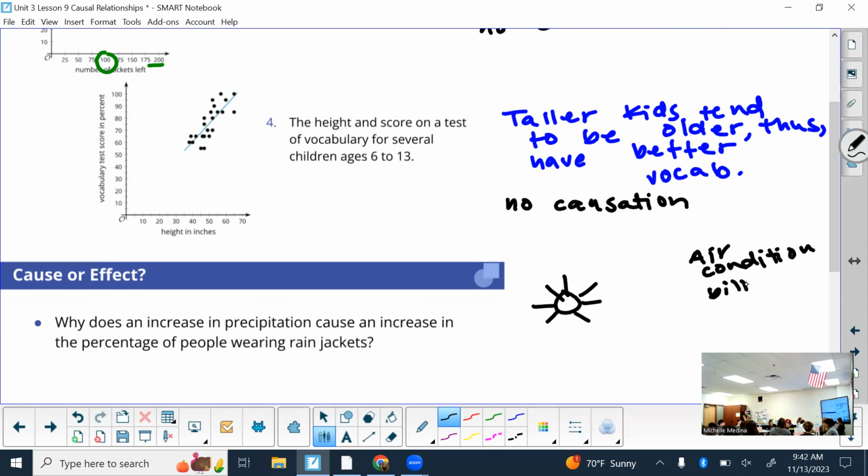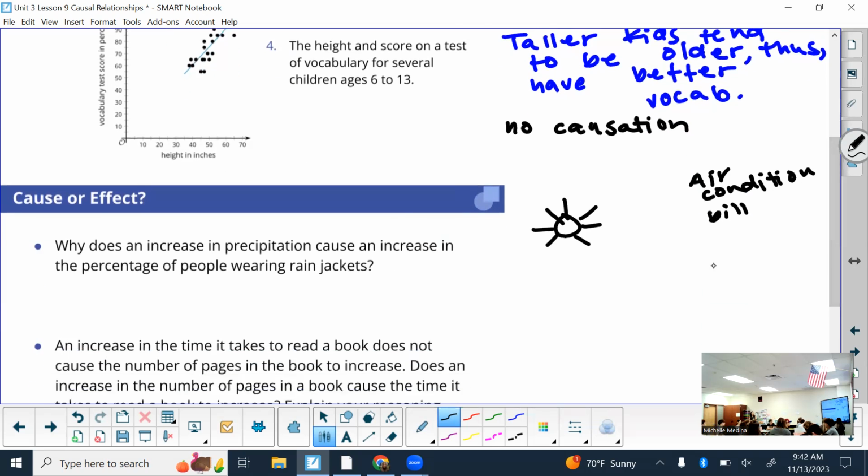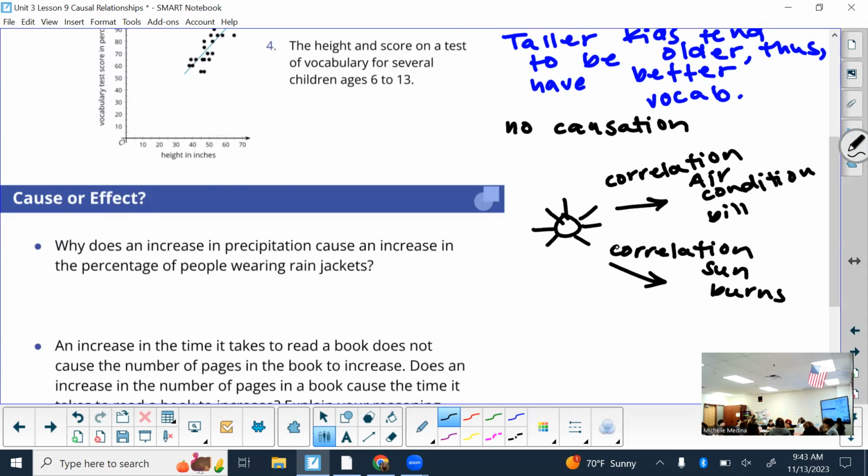So when the temperature rises in the summer, so does your AC bill. You know what else rises in the summer? The amount of sunburn. So in each situation, you can say that there's a correlation and a strong positive one, but only one of them has causation.